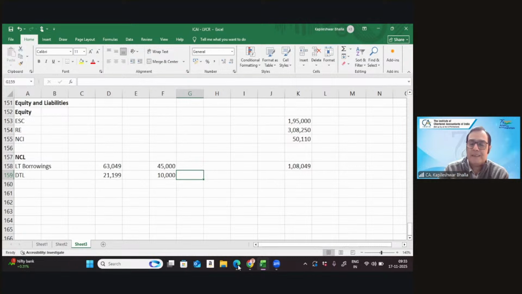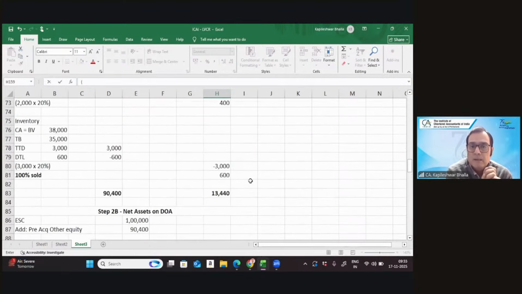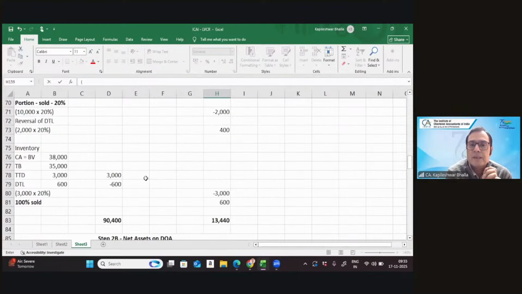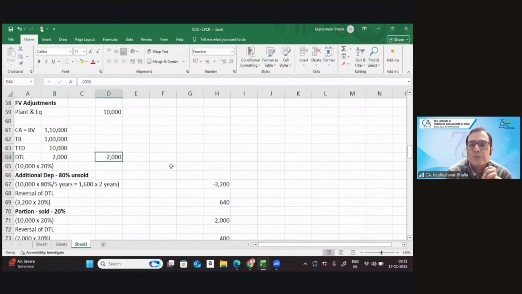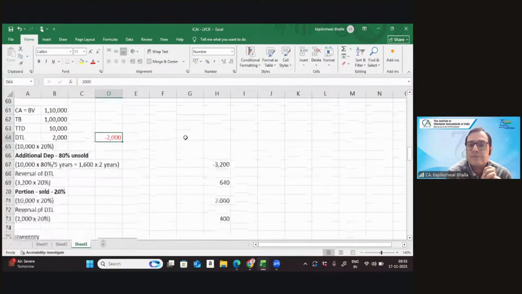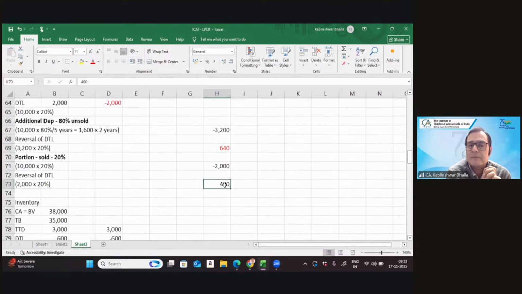So I think we created a DTL on the plant, that was 2,1. Then there is a reversal of a DTL, 640 and 400. So 1040.